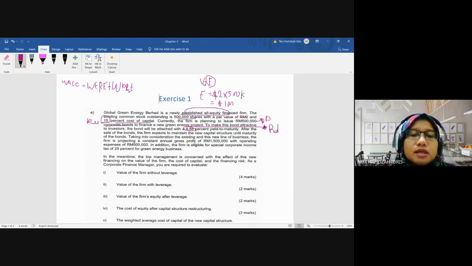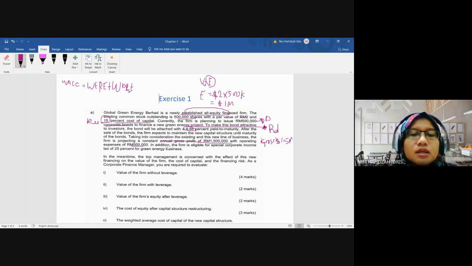Taking into consideration the existing and this new line of business, the firm projected a constant annual gross profit of 1.5 million with operating expenses of 500,000 in addition.